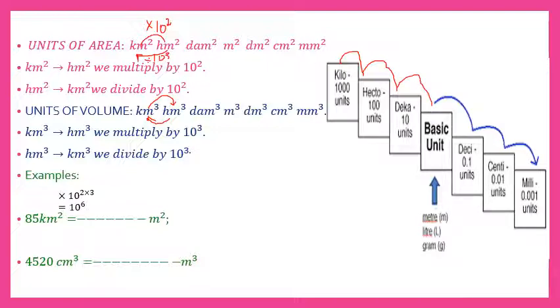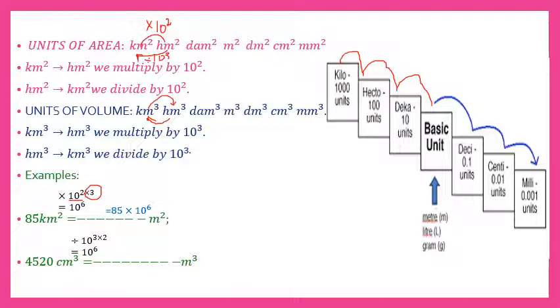Since I have 3 jumps and each time I have to multiply by 10 squared, I multiply the power 2 times 3. So the power will be 10 to the power 6, and the answer will be 85 times 10 to the power 6.